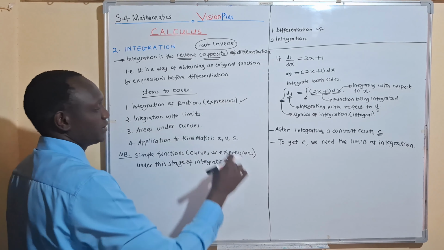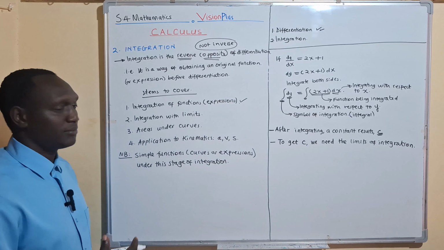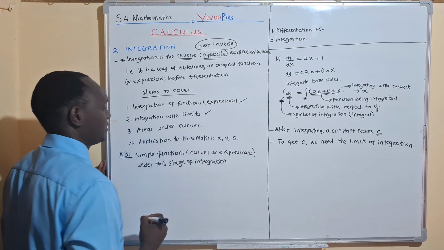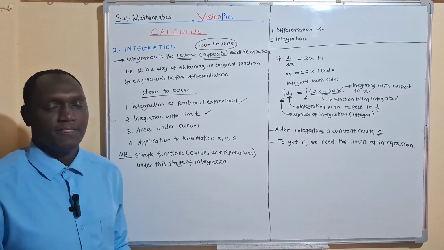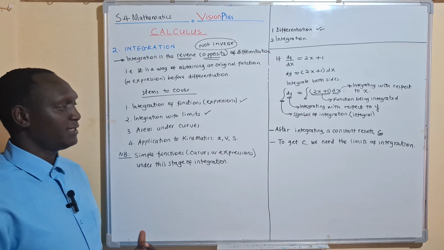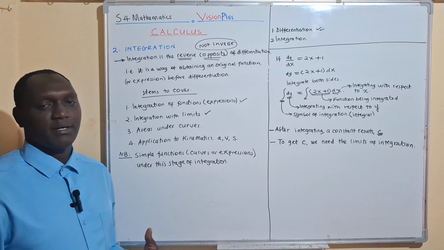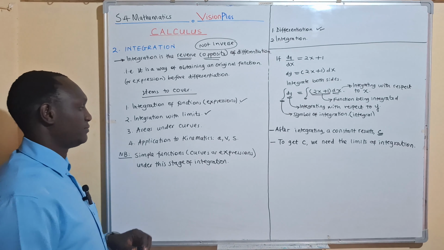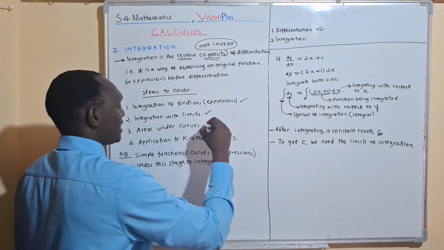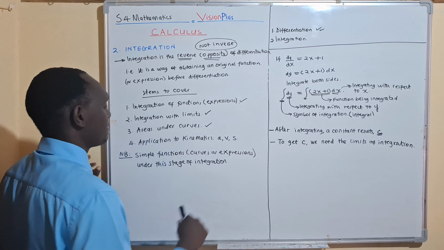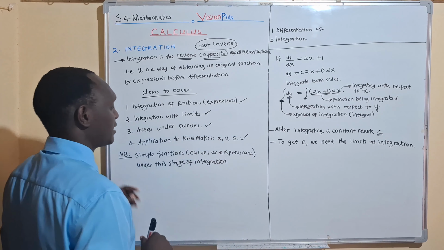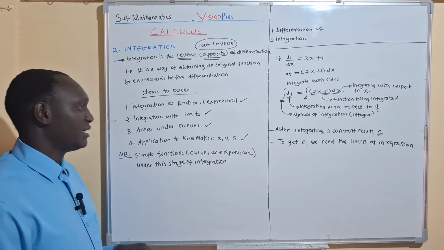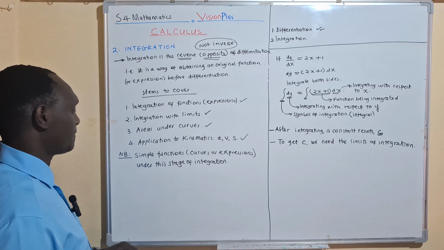So in the first case, we shall just be keeping it as C, because we don't know the limits of integration. But when we know the limits of integration, then we can find the constant C, which is a number that was differentiated to 0. And then we get back the original function. Even areas under curves, we shall be given the limits. Application here, we shall be given the limits, or we can be given conditions that make us conclude the values of the limits.